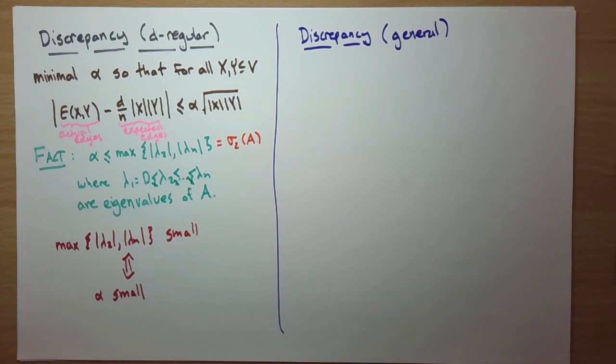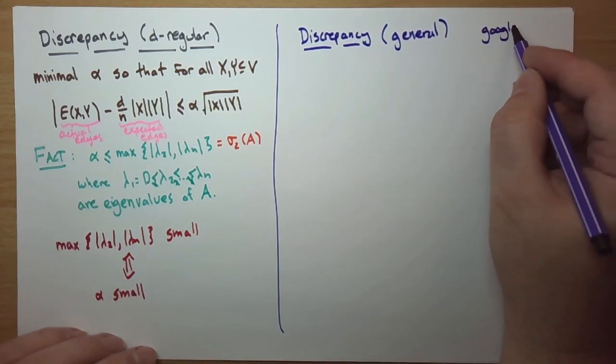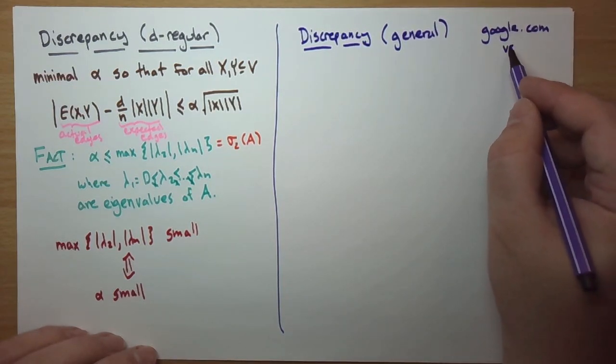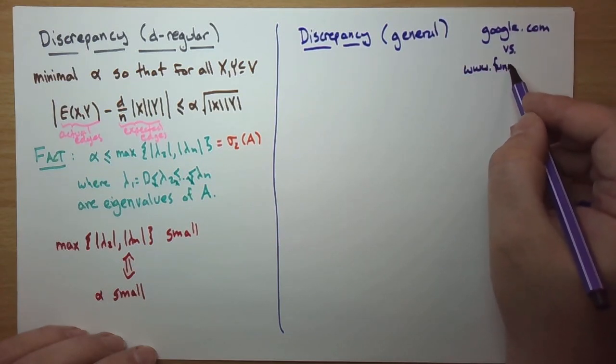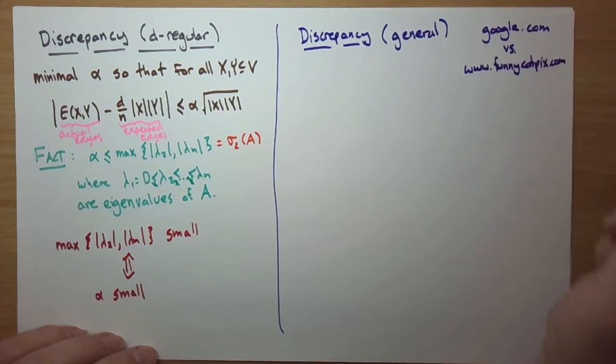The example I like to give in talks is the internet graph. And you can think of different websites as being vertices, and then links between sites are edges. And so you could have two websites. So here's two websites that you might know about. One is google.com, and the other one is www.funnycatpics.com.